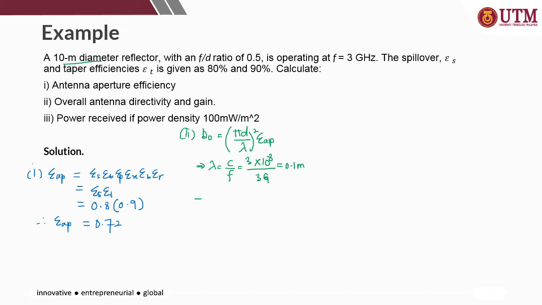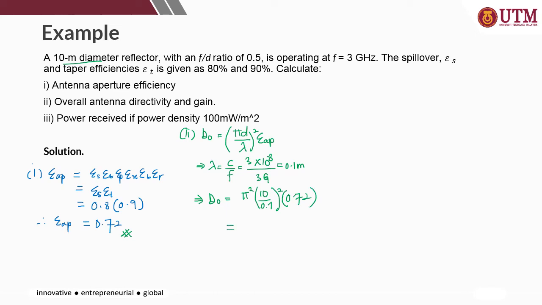So now you can calculate your D naught equal to pi times D, which is 10, divided by 0.1, the lambda, and don't forget to square them, and then multiplied by epsilon AP from the previous calculation, 0.72.